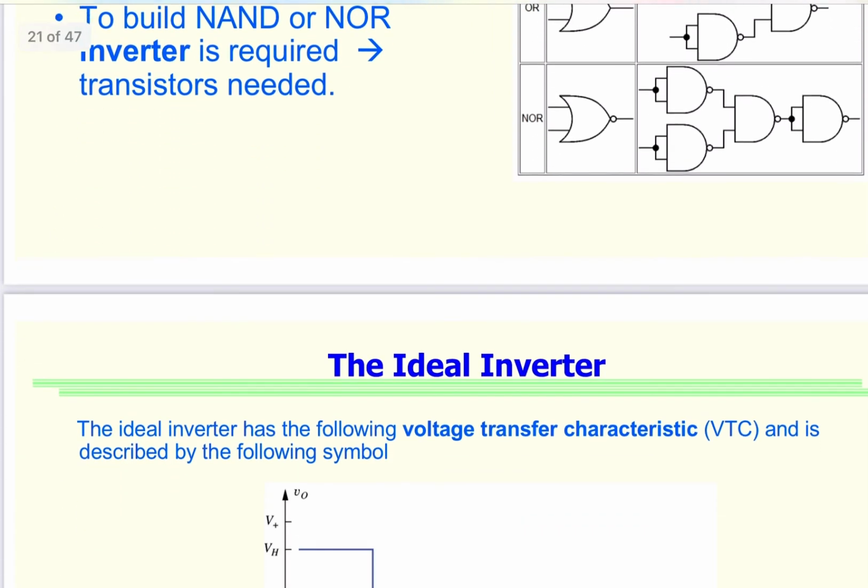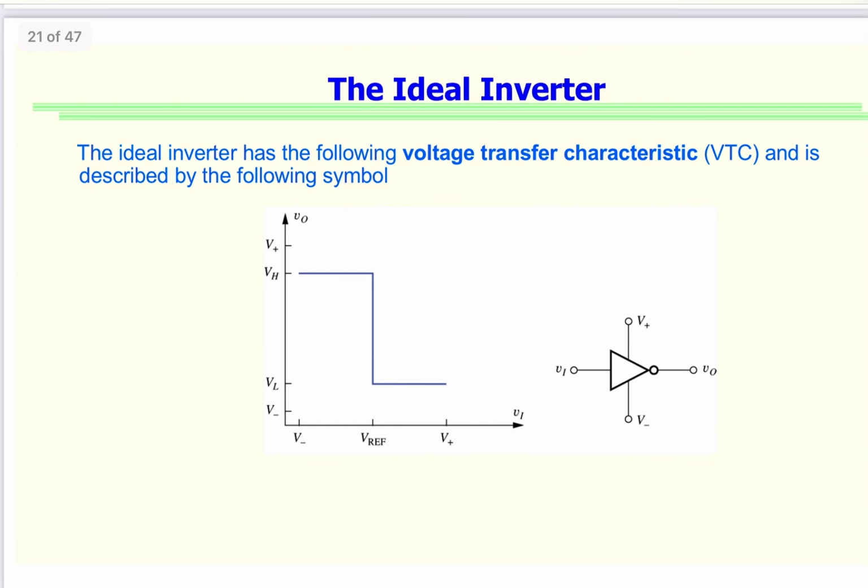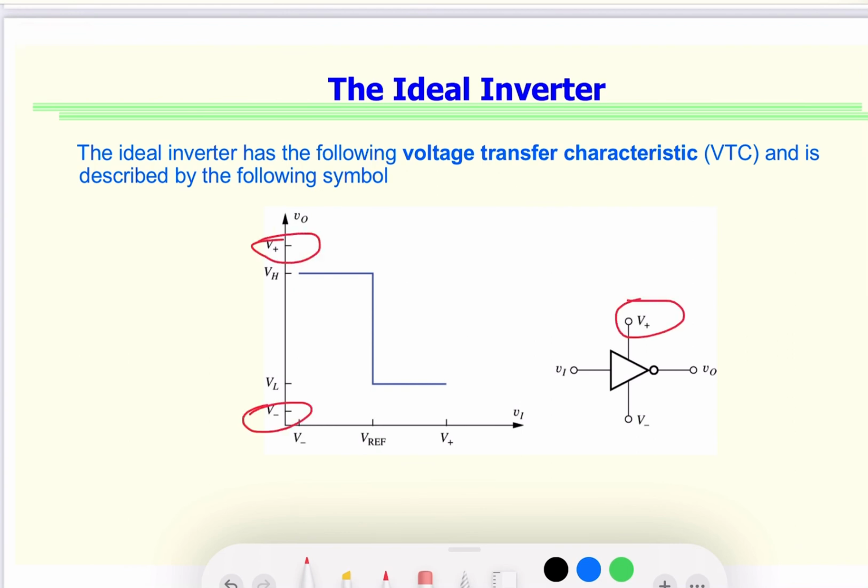Now, the diode is the basic thing that we use. So here we are seeing a digital inverter where the transfer characteristics are supposed to be: when there is high input, we get low output. When we have low input, we get high output. And these levels of V plus and V minus would be then the power supplies, and the signal has to stay within those.